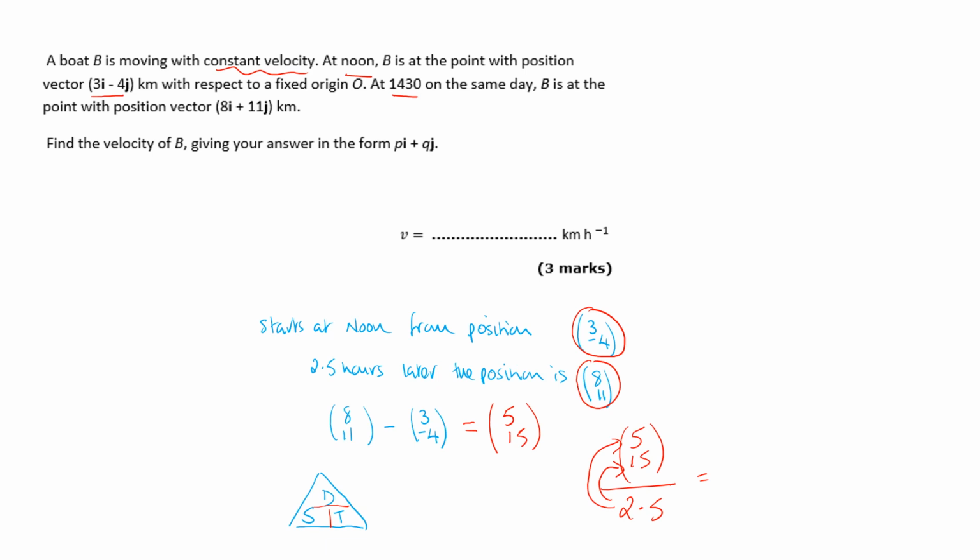So how many 2.5s are there in 5? There's going to be 2, and how many 2.5s are there in 15? 6. So that is going to be our speed, and they want us to put it in I and J form, so that's just going to be 2I plus 6J. That's going to be in kilometers per hour because all our numbers were in kilometers and hours.